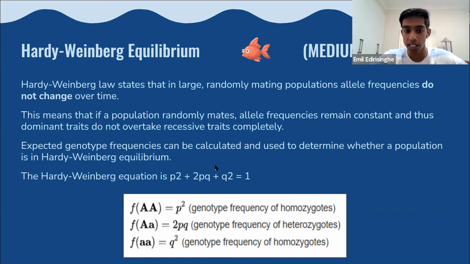The way the Hardy-Weinberg equilibrium is used is that you can use it to determine what ideal frequencies of the genotypes or the alleles would be, to determine whether a population is in Hardy-Weinberg equilibrium.